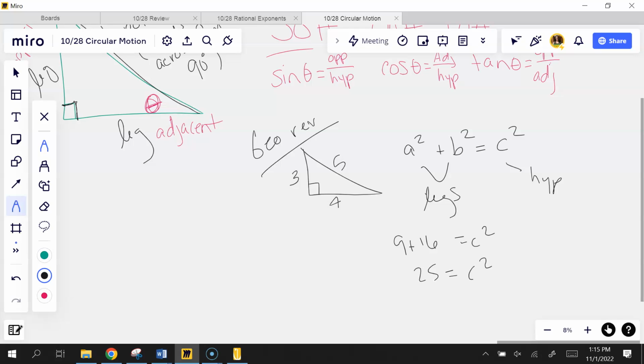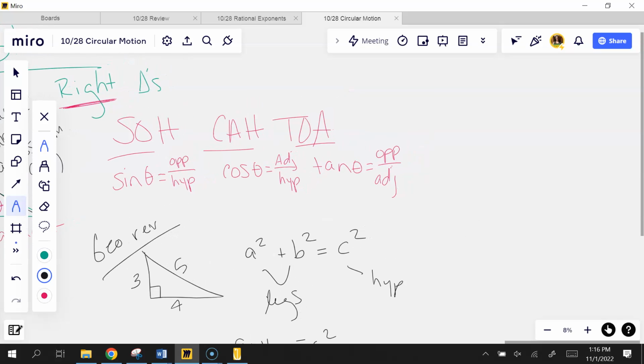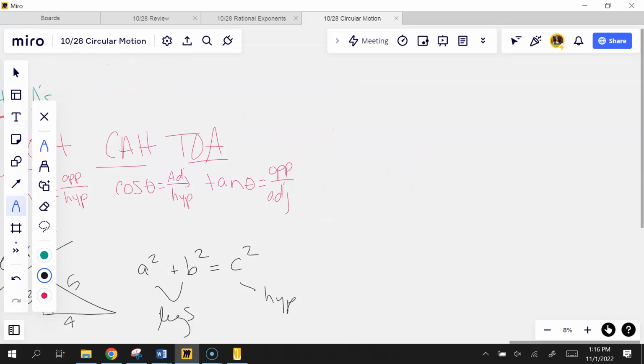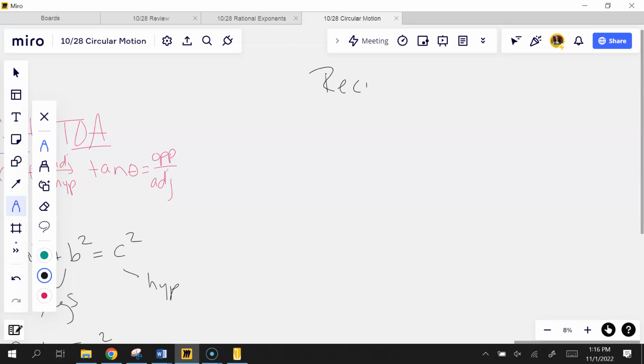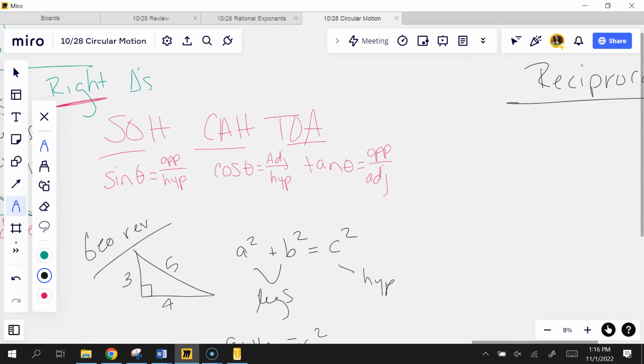I'm going to throw some cofunctions in here. These are really reciprocals of the trig functions. There's your sine, cosine, and tangent, the very first column.